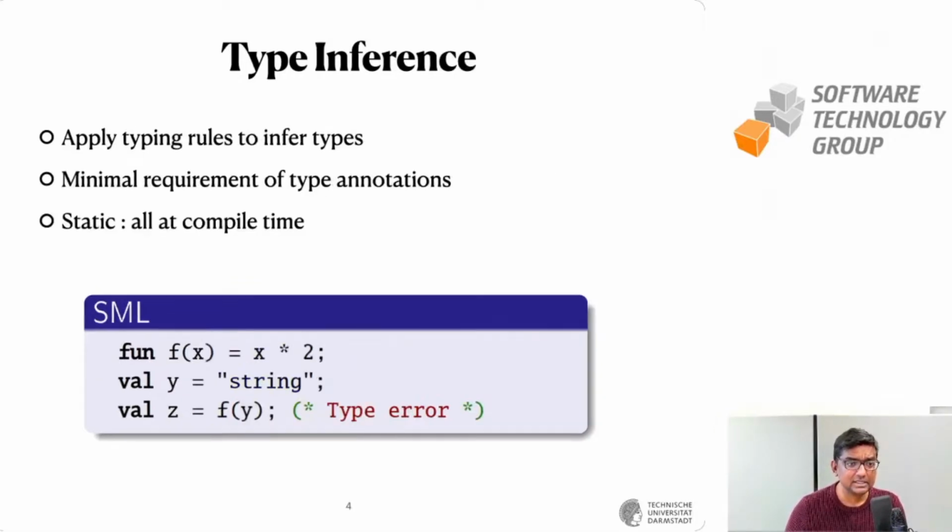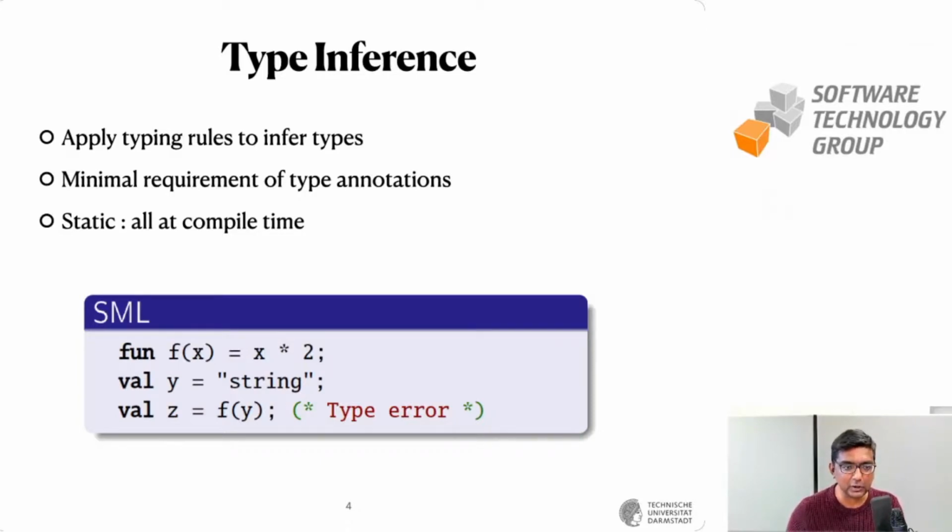Some languages go a bit beyond type checking to do type inference. Essentially, this means that the language tries to determine whether your code type checks without any type annotation or with minimal requirement for type annotations.